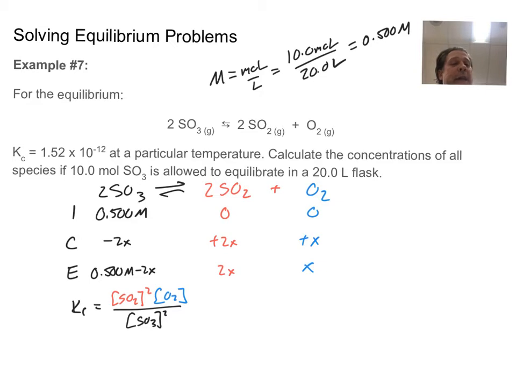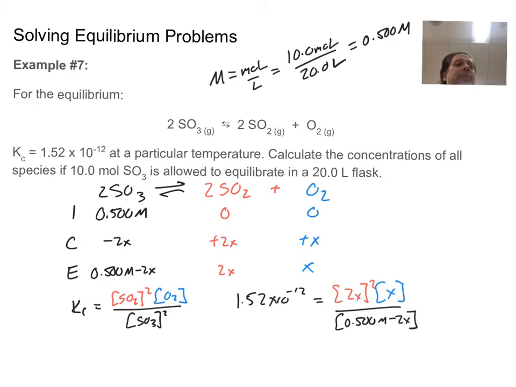Now, in this case, when I go to substitute some things in, I know that I have 1.52 times 10 to the minus 12 will be equal to the concentration of 2x squared times the concentration of x over the concentration of 0.500 molar minus 2x.